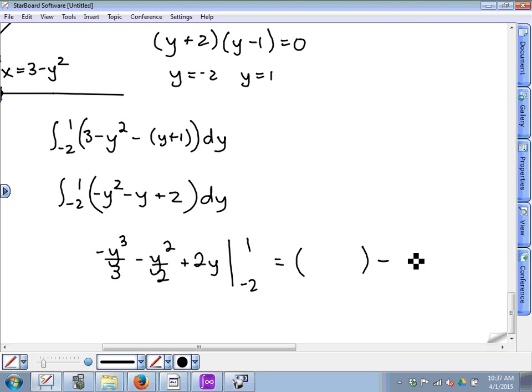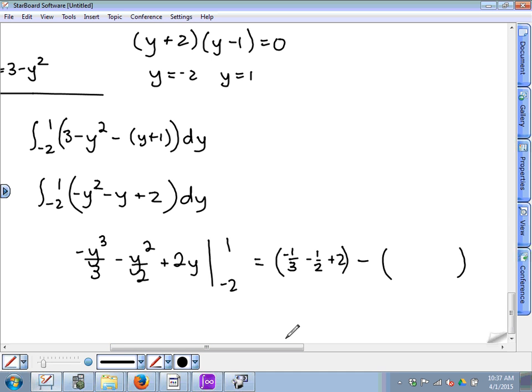So antiderivative of the upper bound minus the antiderivative at the lower bound, we're going to have negative 1/3 minus 1/2 plus 2. We keep getting the same values over and over again. Yeah, it's so tedious. And then we're going to have positive 8/3 minus 2 minus 4.